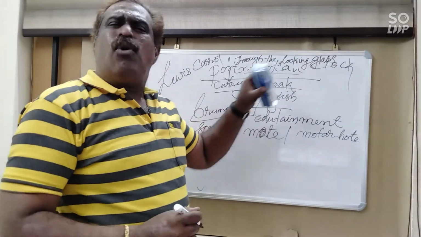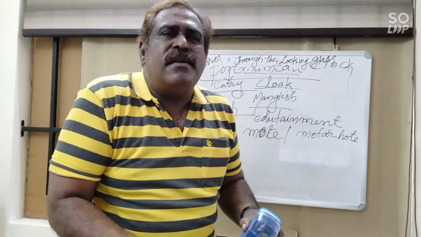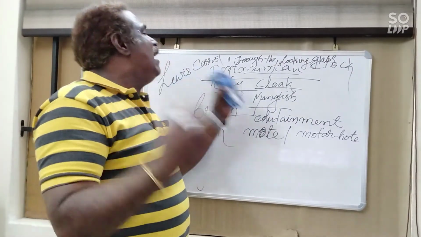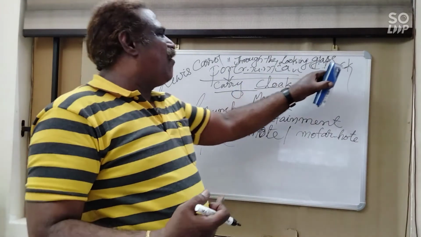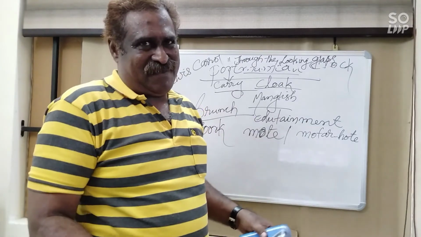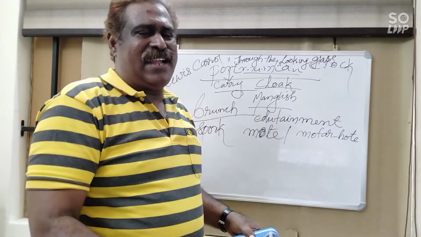Through the Looking Glass is a novel written by Lewis Carroll. He introduced this technique for coining portmanteau words. Okay, this is only one thing I tell you.